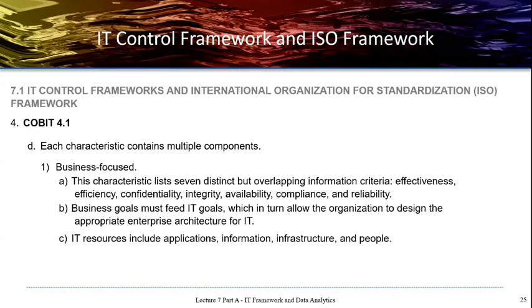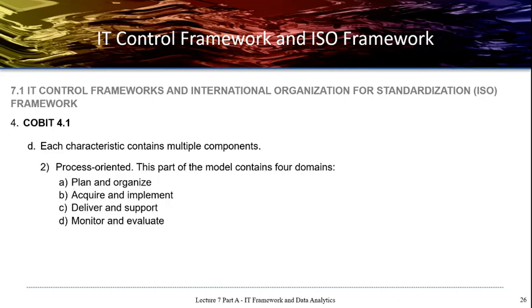IT resources include application, information, infrastructure, and people. So it has to be business focused, and also process focused. It has to have a proper plan and organize method, acquire and implement, deliver and support, and monitor.